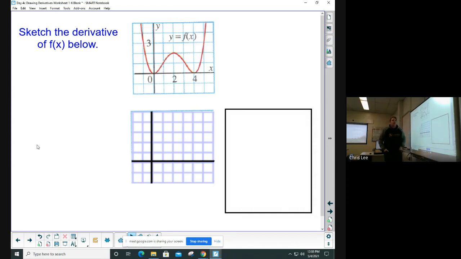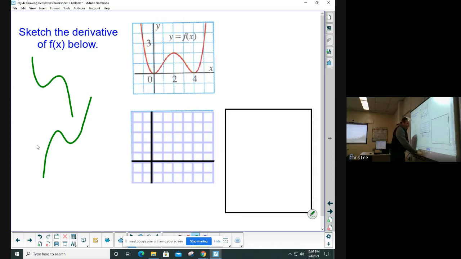And so if the original has a positive leading coefficient, I might predict that the derivative will also have a positive leading coefficient, which means I'm imagining something like this as opposed to something like that, okay, because of what the original graph looks like. Now, let's do the pencil test on this to see what it is, okay?